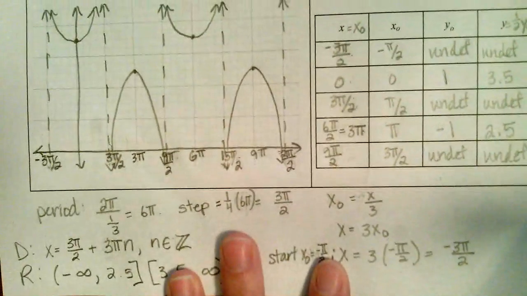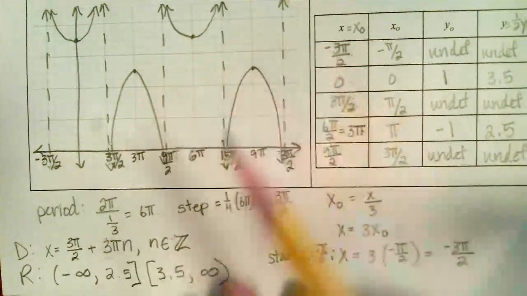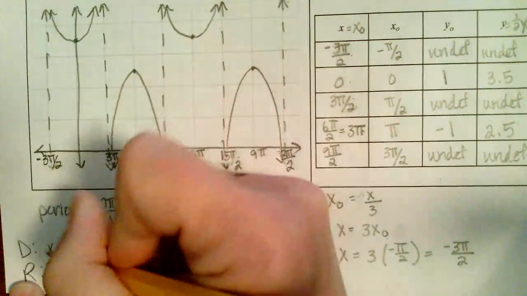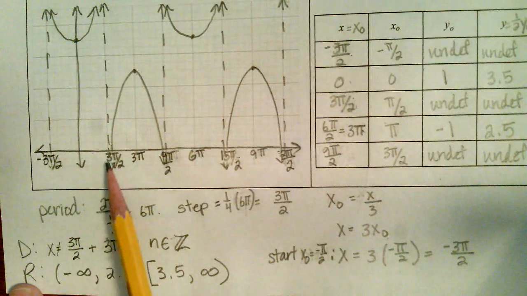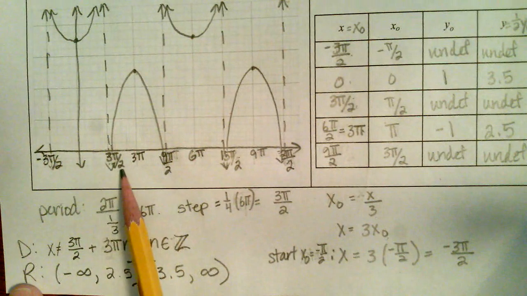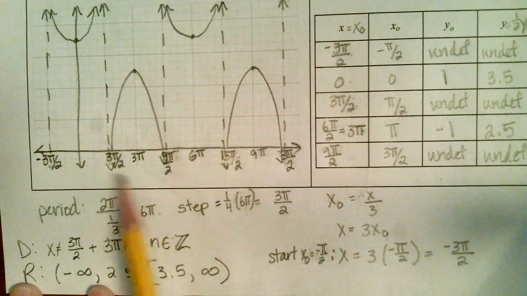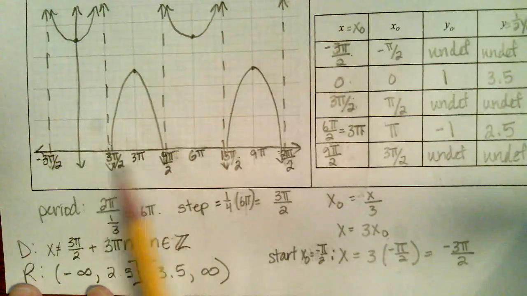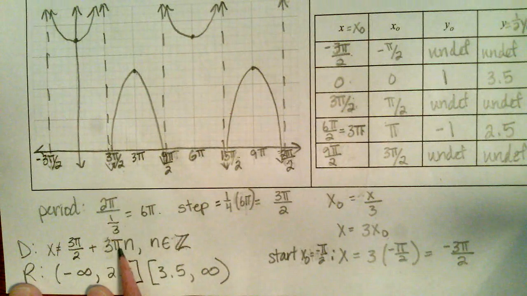Now our domain. Again, anytime we have an asymptote, we are going to be excluding values. So I say that x cannot be my first positive asymptote, which is 3 pi over 2. My next asymptote is 9 pi over 2. The difference between them is 6 pi over 2, which simplifies to 3 pi.